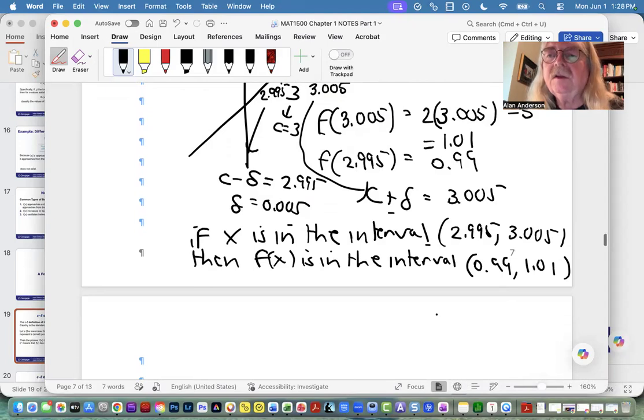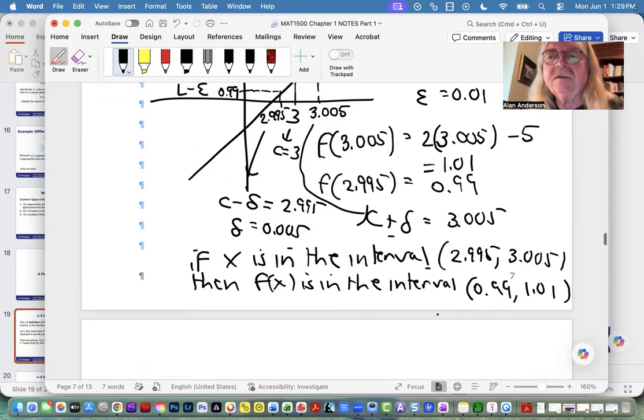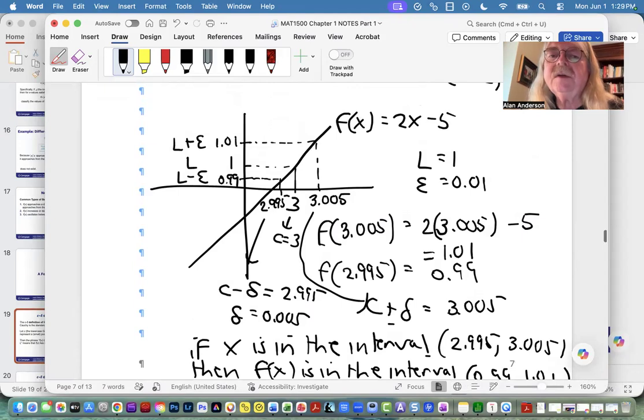And so the logic here is that if I keep shrinking the interval for x, I'll also keep shrinking the interval for f of x. And so that's kind of where this is going.